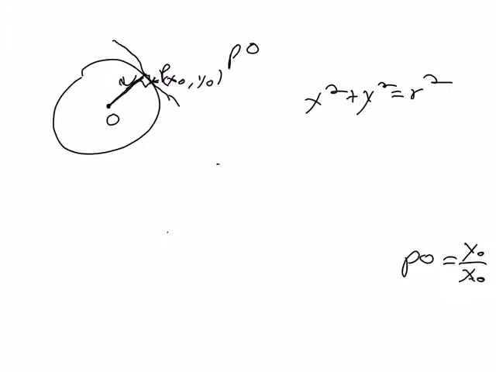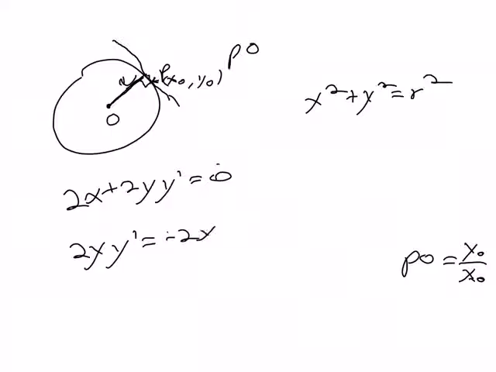Over here, we're going to have 2x plus 2y y prime is equal to 0. In other words, 2y y prime is equal to negative 2x. So we divide by 2y, get rid of this. So the slope at any point is going to be, plugging in that point, negative x0 over y0.